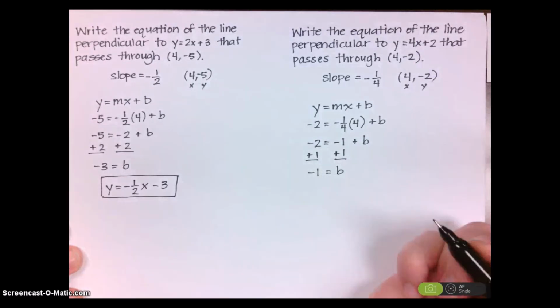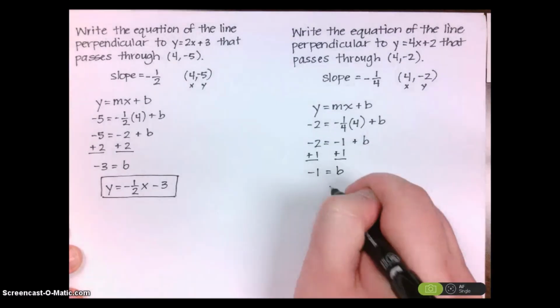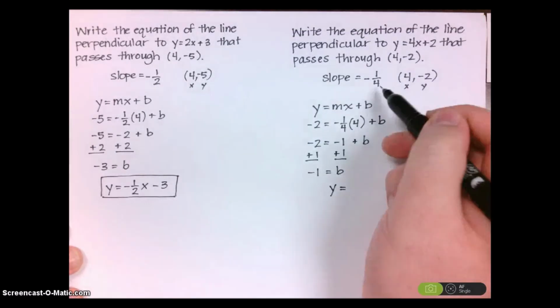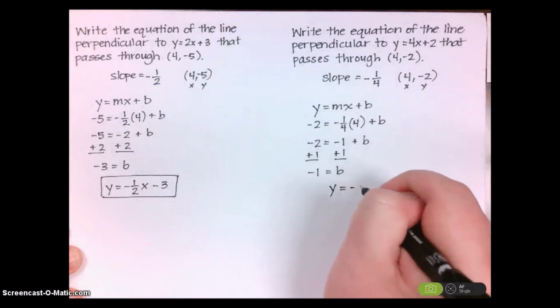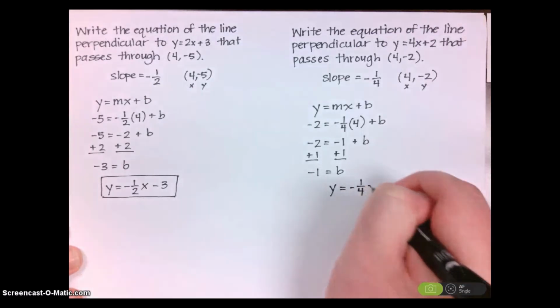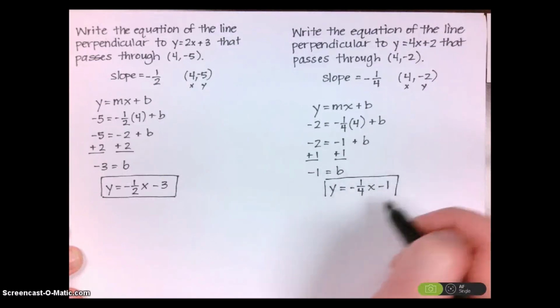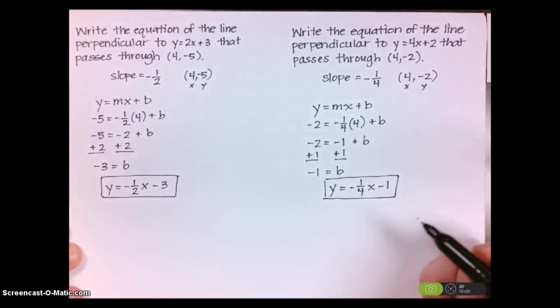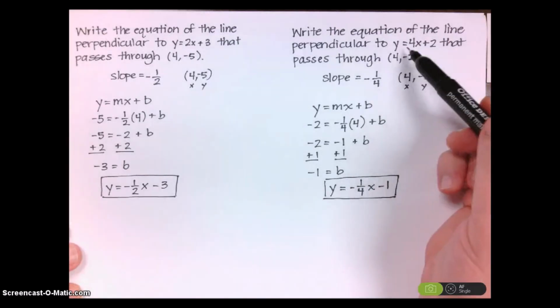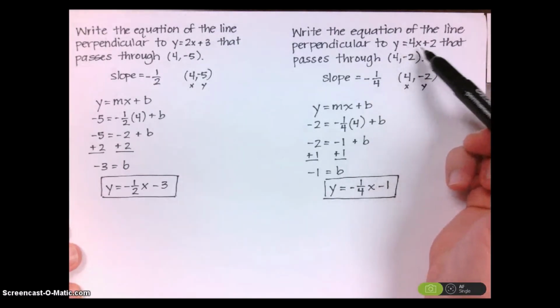And that is going to be my y-intercept. So writing my equation, y is equal to, the new slope is -1/4 times x minus 1. And there we go. I've created another line that's perpendicular to y is equal to 4x plus 2 that passed through the point 4, -2.